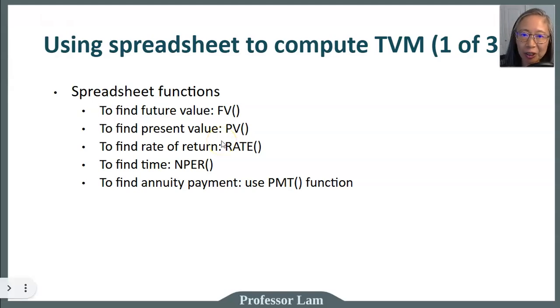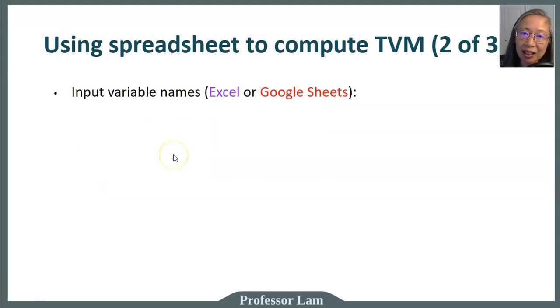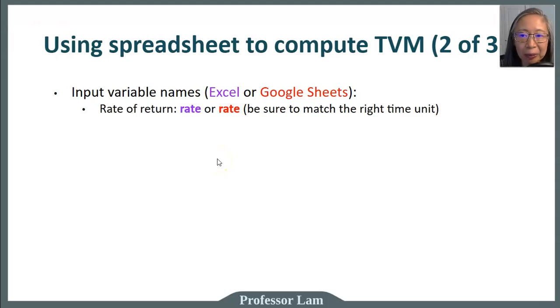To use these functions, we need to give them something to work with, and those are called input variables or arguments. Unlike the function names, the input variable names are different for Excel versus Google Sheets. I've color-coded them. The names for Excel are in purple, and the names for Google Sheets are in red. The rate of return is the same, RATE.